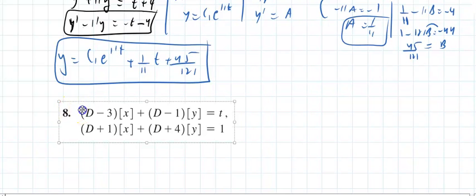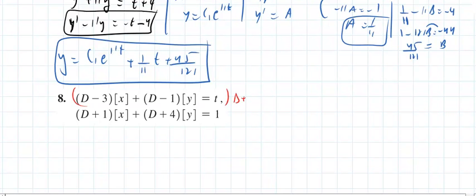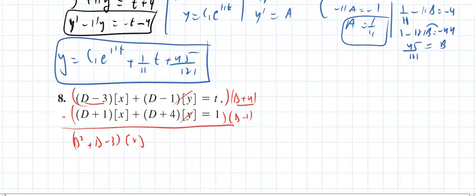And here I could say, well, to get rid of y, I'm going to multiply the top equation by d plus 4 and the bottom equation by d minus 1 and make one of them negative, say the bottom one. When I add those, I'm going to get d minus 3 times d plus 4, that's d squared. Now something happens here. Plus d minus 12. And the y's are going to cancel out because that's why I'm doing this.